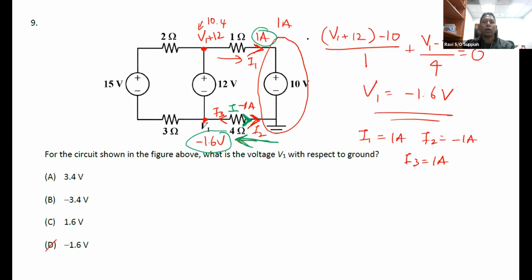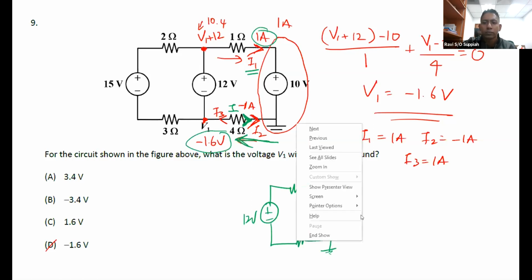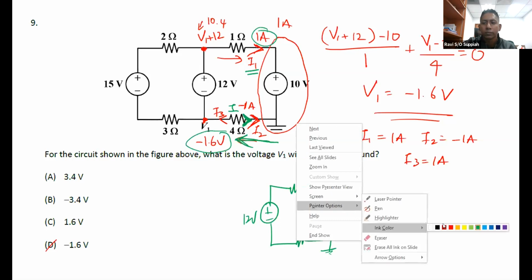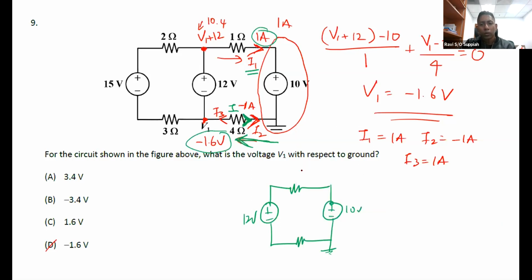That means if I call this I1, and I call this also I1. So I just draw this part here. If I label this as I1, and if I label this as also I1, then it is wrong.